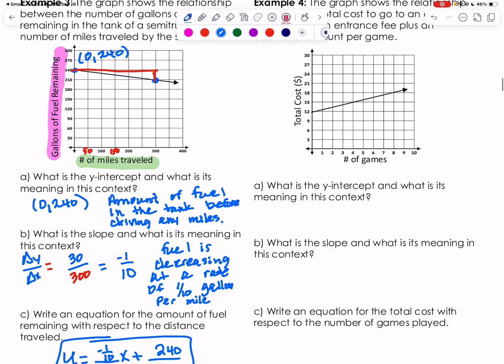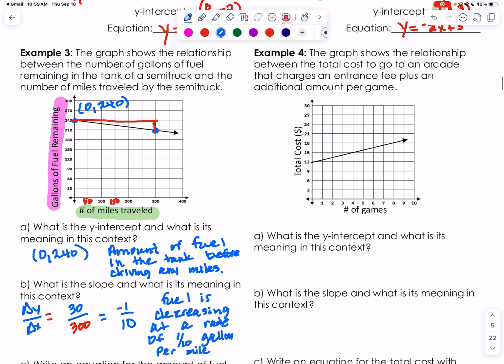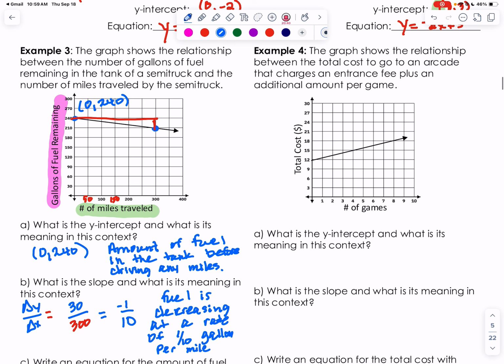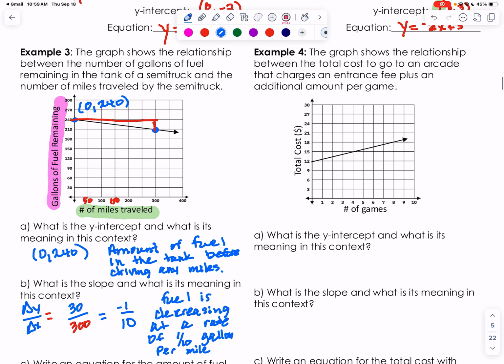All right, let's look at problem 4. The graph shows the relationship between the total cost to go to an arcade that charges an entrance fee plus an additional amount per game. So we can see that on our x-axis, we're plotting the number of games, and it's going by ones, 1, 2, 3, 4, and on. Okay.